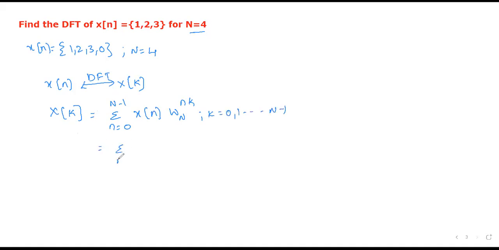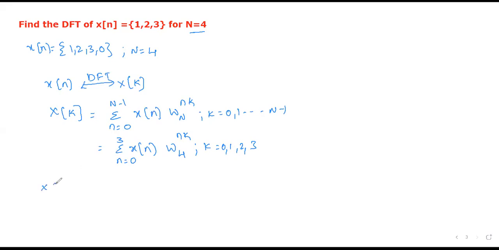So sigma n is equal to 0 to 4 minus 1, that is 3, x of n into omega 4 power nk, where k is equal to 0, 1, 2 and 3, right? So let us expand this equation initially.